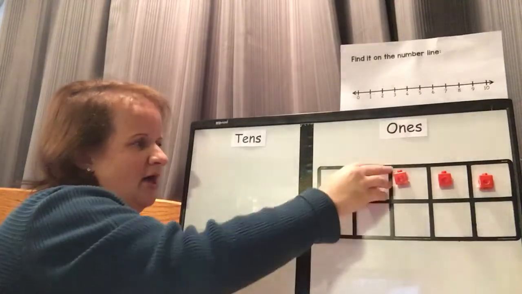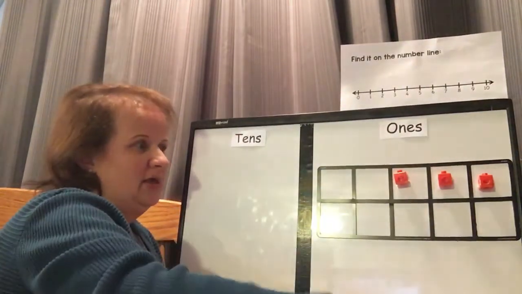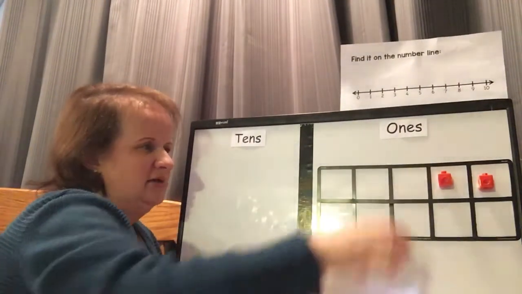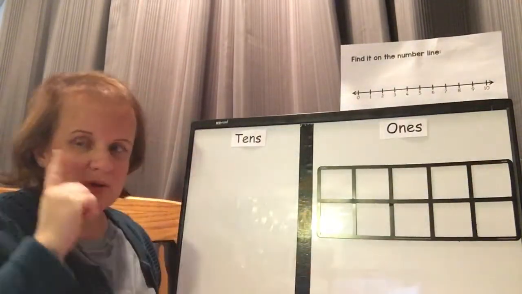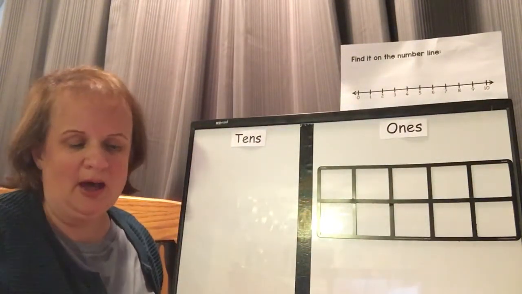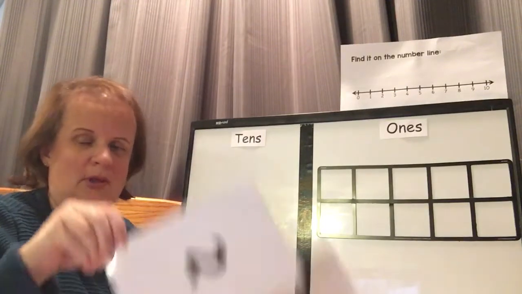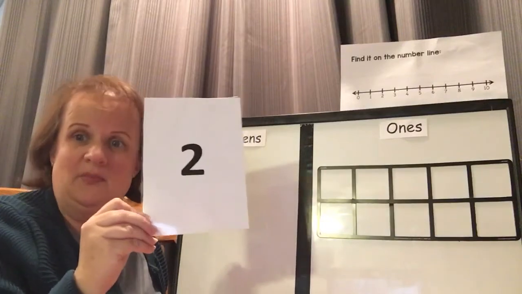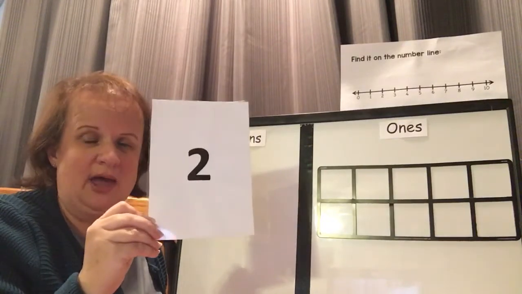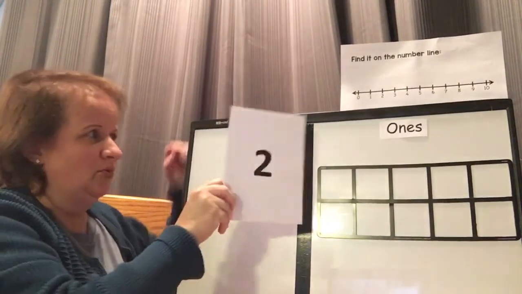Take down our blocks again so that we can get ready for our next number card. You're doing a great job looking, listening, and helping me count. There's number 2. You are correct. There's number 2.